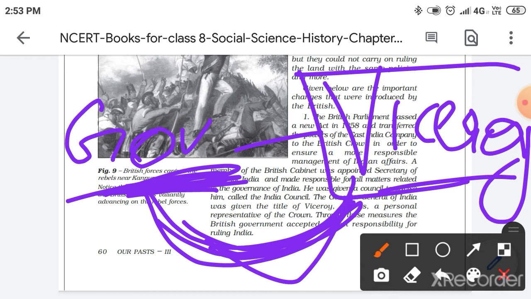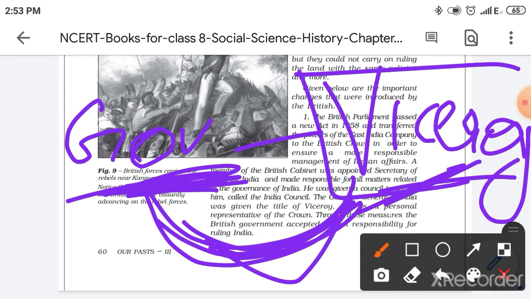The one who represents the British crown in India is known as the Viceroy of India. Because the British crown can't go to India, it has to take care of Britain mainly, but someone should be there on behalf of the crown in India, so that person will be the Viceroy.